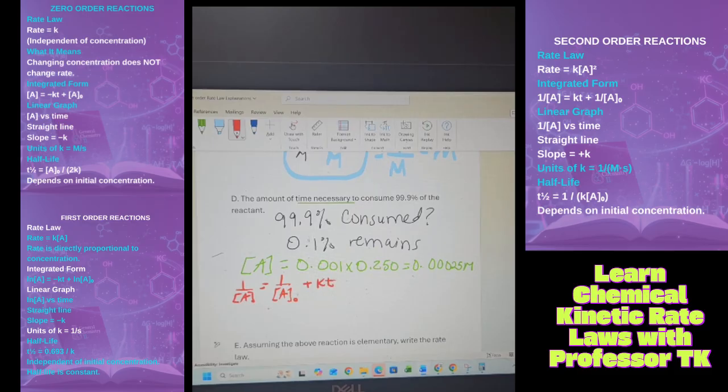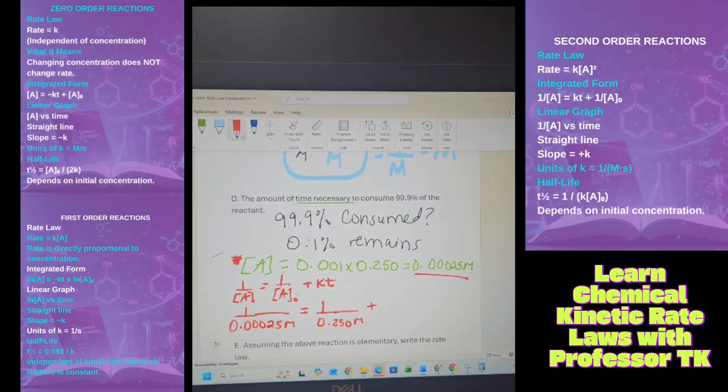So all you have to do now, this right here is your A that you're going to use for this problem. So you're going to say 1 over 0.00025 molarity equals 1 over 0.250. Again, that number came from up above.